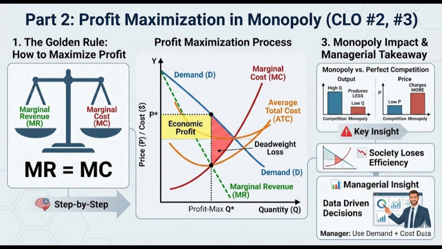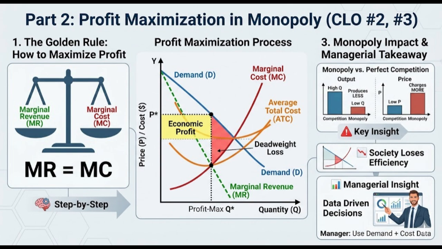Okay, so here is the step by step process for this. First, you find output where MR is equal to MC. Second, you go up to the demand curve that gives you the price. So here is the key insight into this.